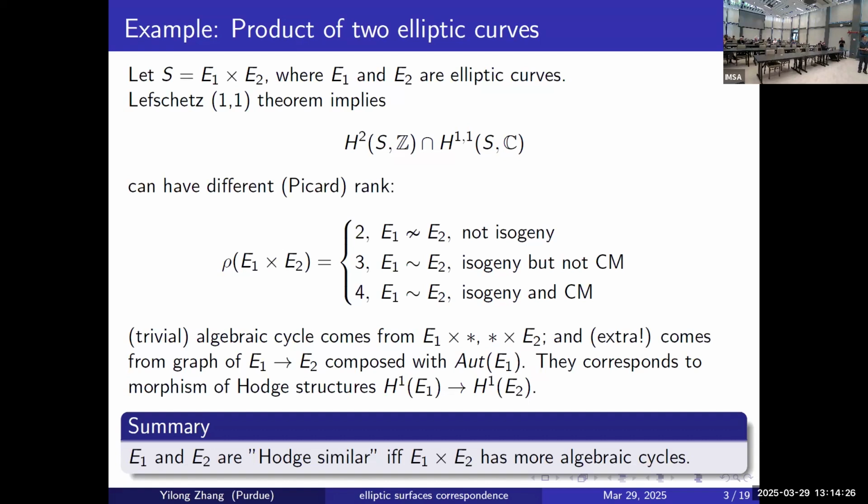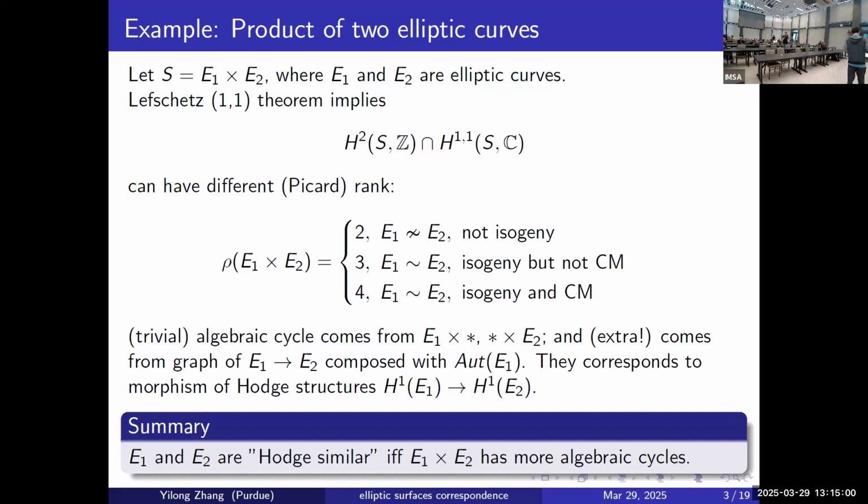So in some cases your Picard rank can increase. It really depends on whether you have an isogeny, meaning a map between E1 and E2, or a CM structure, meaning extra self-endomorphisms, and these lead to more algebraic classes.